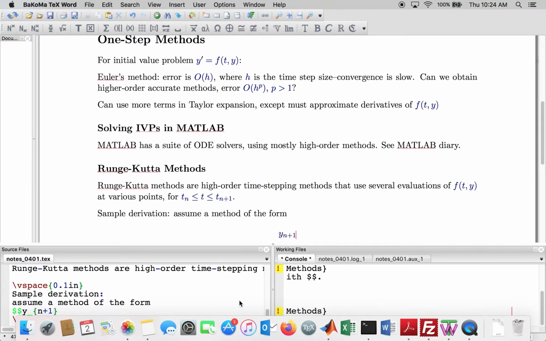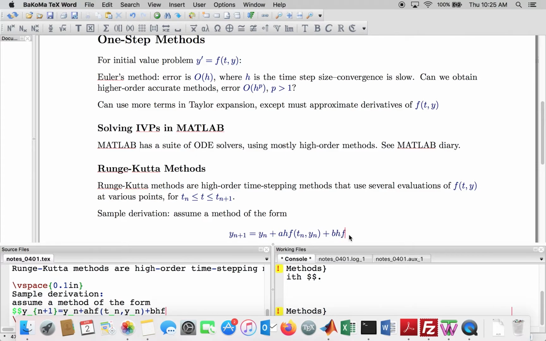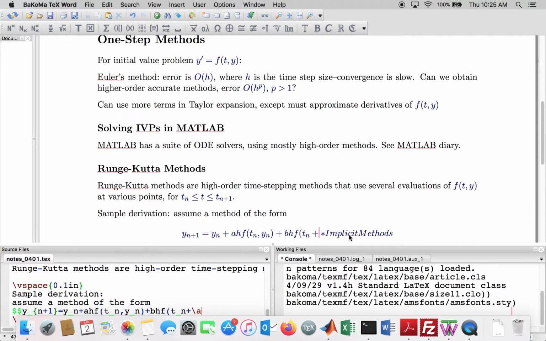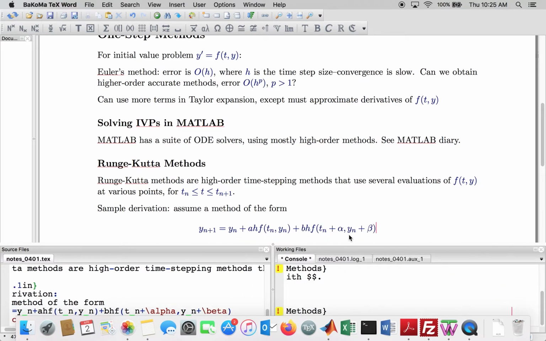y n plus 1 is equal to yn plus a h f of tn, yn. So far, if I set a equals 1, this is just Euler's method. But I'm going to add another term here: b h f of tn plus alpha, yn plus beta.